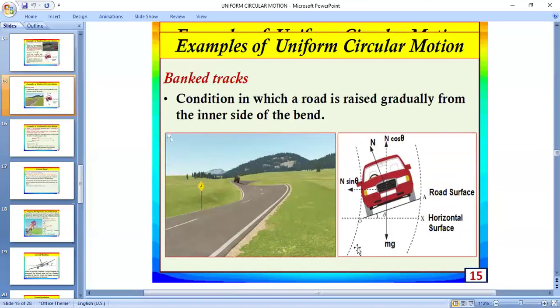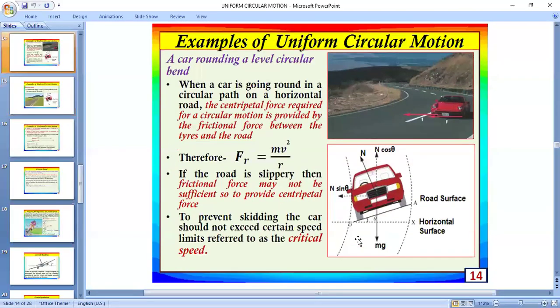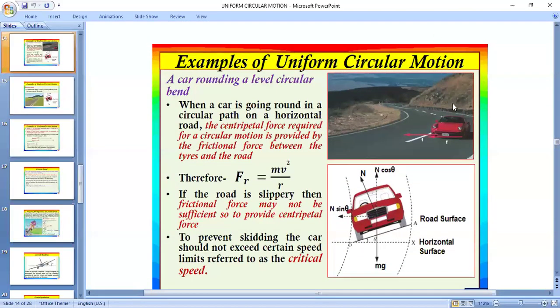We've also talked about the critical speed on a flat surface. Remember, this road has not been banked. So if it's on a flat surface, we know that acceleration a equals v squared over r, and v squared equals ra, and therefore v is the root of ar.